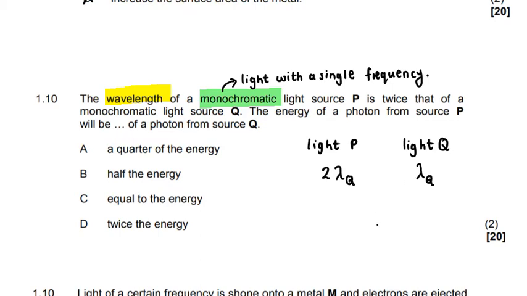So that's the relationship that we have here. Now what do we want to answer? We want the relationship between the energy of a photon. Let's write the equation. The energy of the photon, which is the same thing as the energy of the light, I'm just going to write photon to stick with the question.